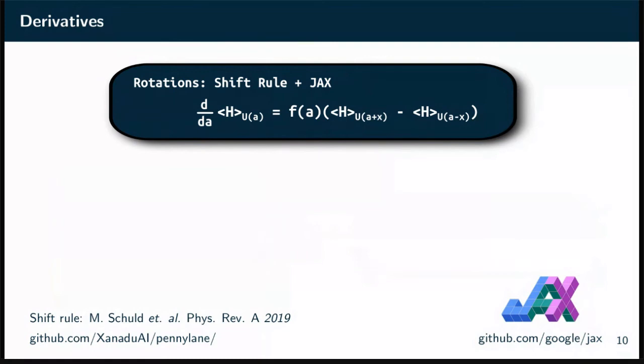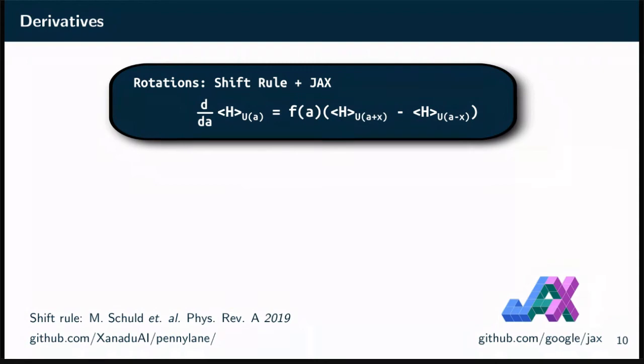What the shift rule more or less does is, if you have a certain type of expectation values, and they are parameterized, you can evaluate the analytical gradient of it by evaluating the expectation value twice with shifted parameters and a prefactor, which depends a little bit on how the gate is defined. So it's a bit like taking the numerical gradient, but you actually get the analytical gradient back, which is a pretty cool thing.